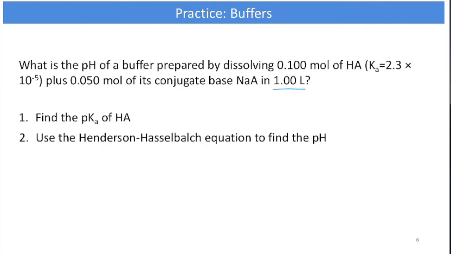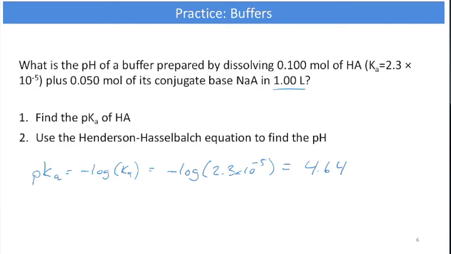In order to figure out the pH, we first have to figure out what the pKa is. So pKa equals negative log of Ka, which equals negative log of 2.3 times 10 to the minus 5, and that equals 4.64.